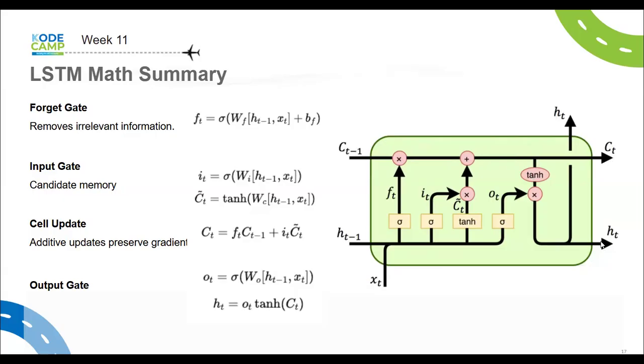Then the output, which is what you use to compare and train the model, is obtained by taking this new cell state and passing it through a tanh function. And then you use the output gate, which is the third gate. The output gate still takes the same input, it has its own output weight and it is gated.